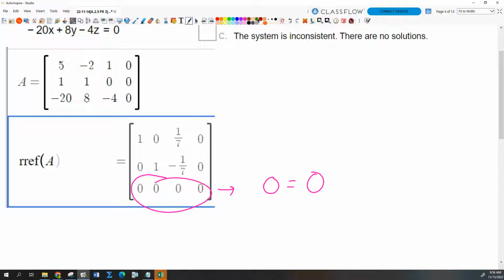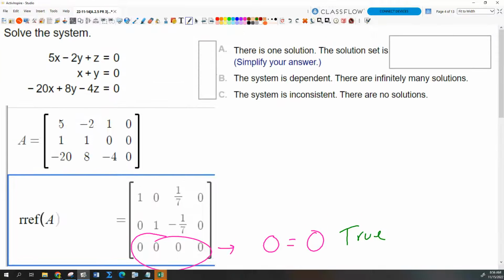What has that always meant to us in every instance in the past? If the variables all cancel and we get a true statement, what has that always meant? All reals, infinitely many, right? Does that make sense? In this case, infinitely many solutions.